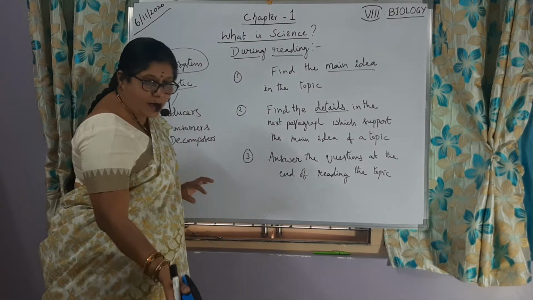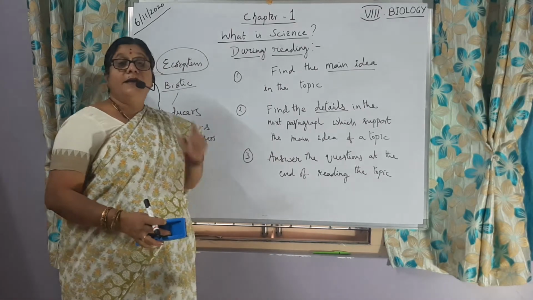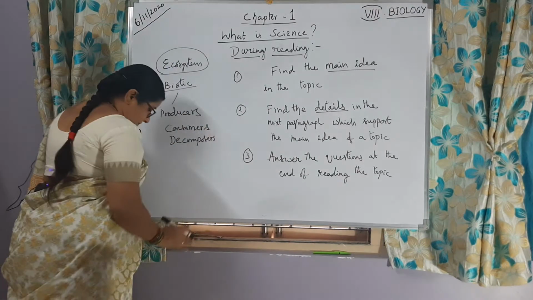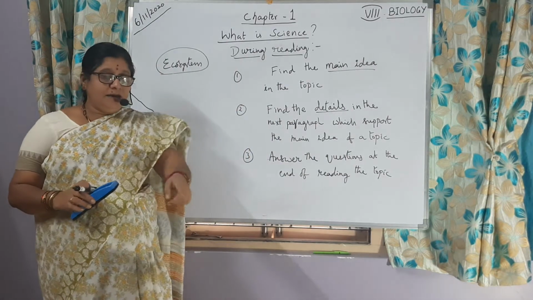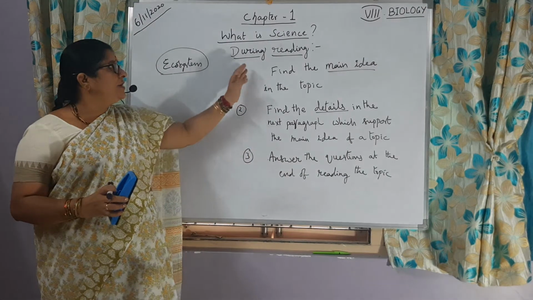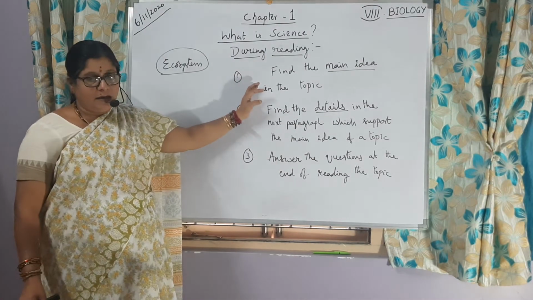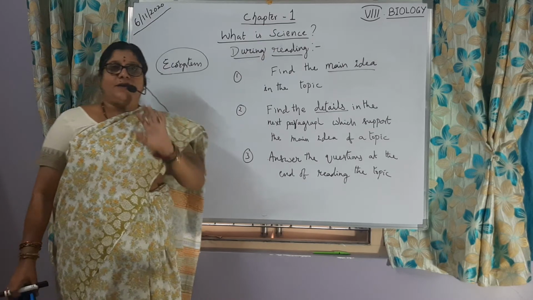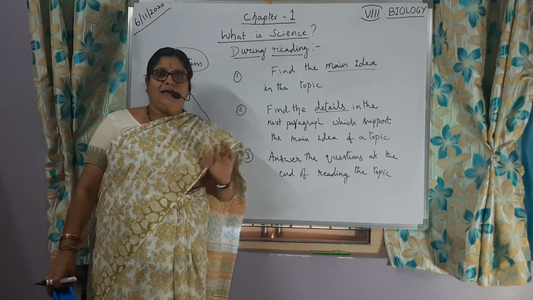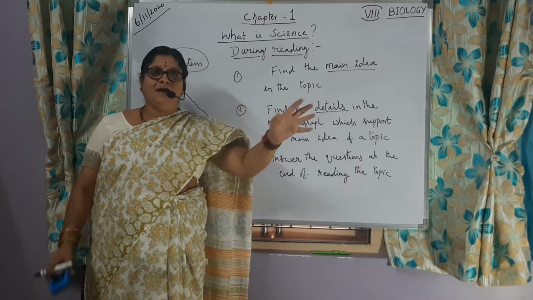Another one is the desert ecosystem. During reading, on page number 11, table 2, what is given there? Desert ecosystem. In the Coringa water ecosystem, we observe water on a large scale.